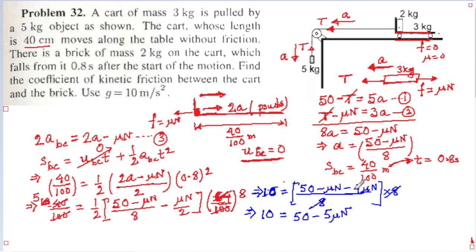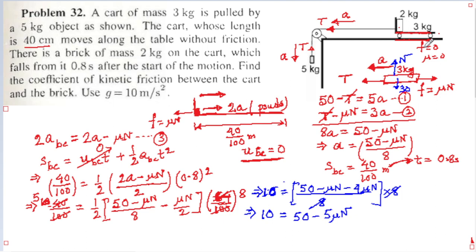Again we can substitute the value of n from here, because the weight force acting is 3g, or 3 into 10, which means 30, and in the upward direction the normal reaction n acts.